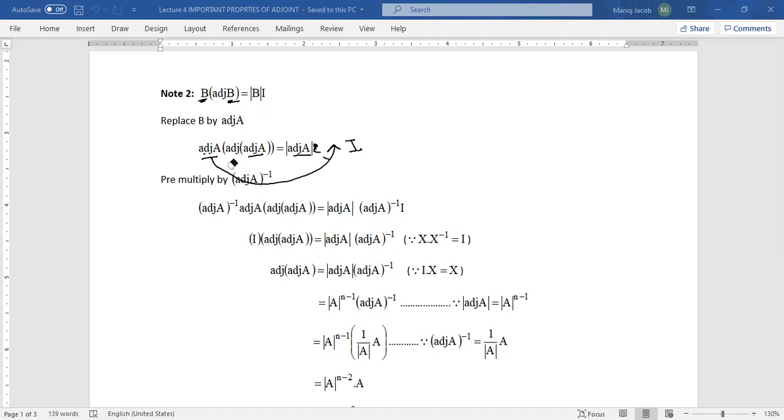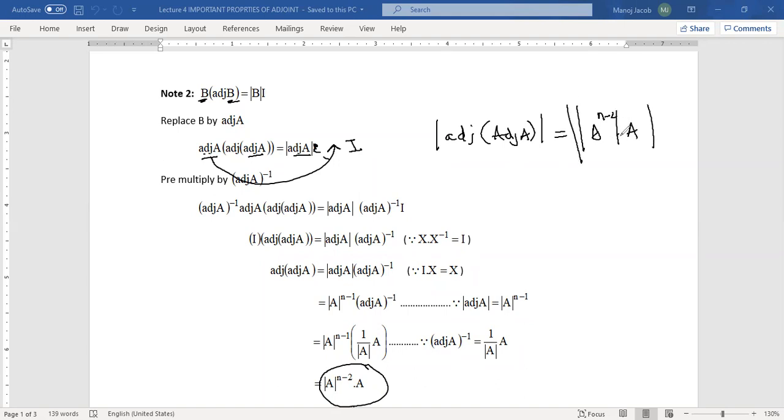So these two formulas are very important. Adjoint of adjoint of A. Then comes the determinant. What will be the determinant of adjoint of adjoint of A? Naturally, it will be the determinant of this. This will become determinant of A raised to n minus 2, raised to n, into determinant of A. So this becomes determinant of A raised to n squared minus 2n plus 1.